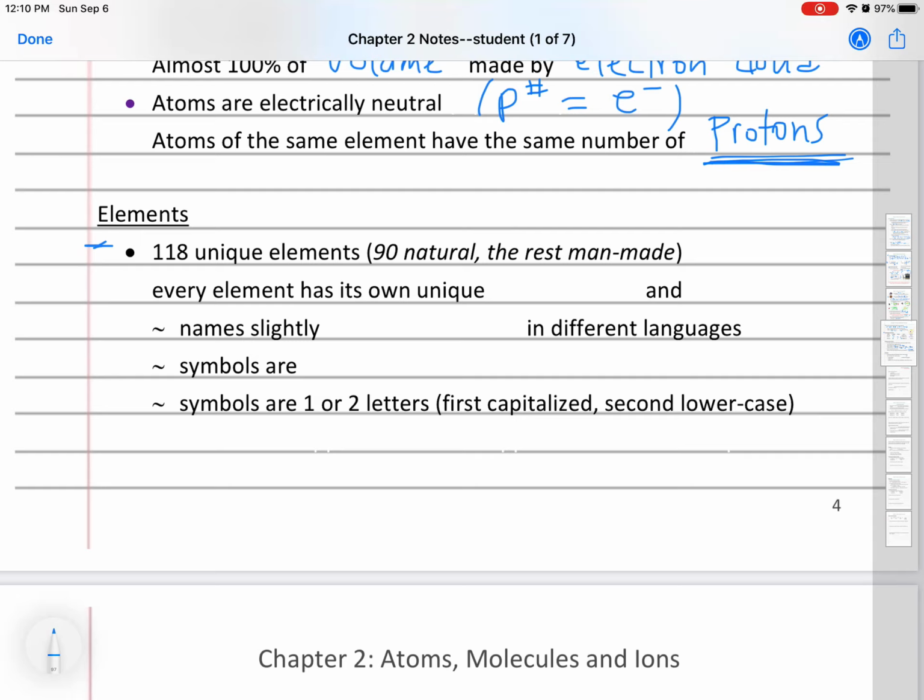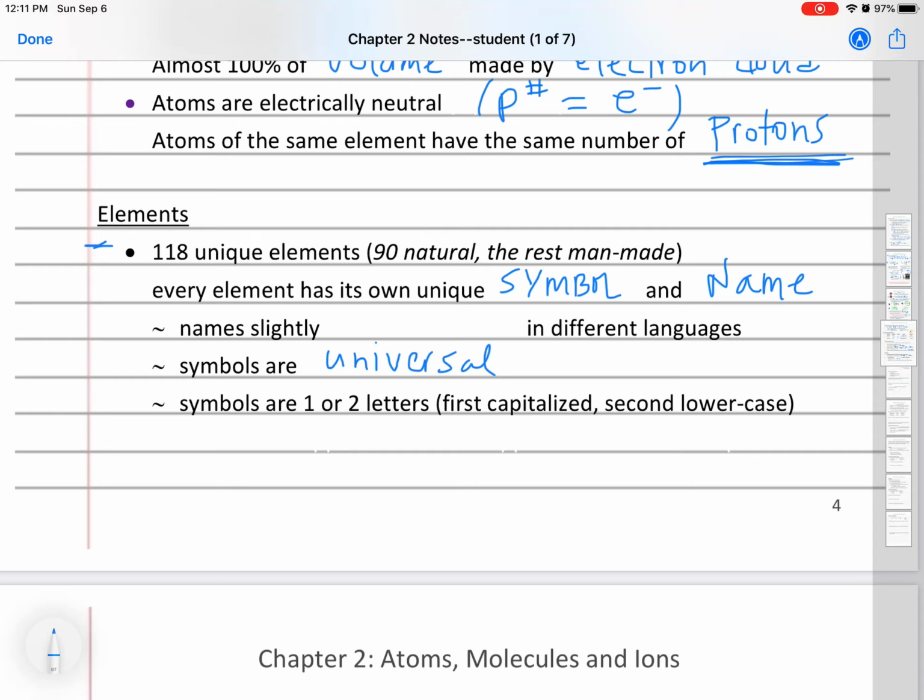So every element has its own unique symbol on the periodic table and a name. And the symbols are universal. So no matter what country you're in, Pb is lead and C is carbon.